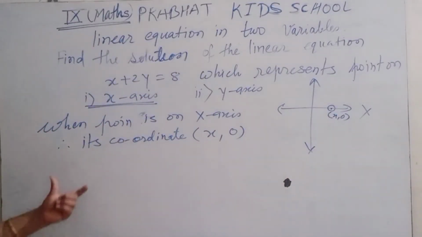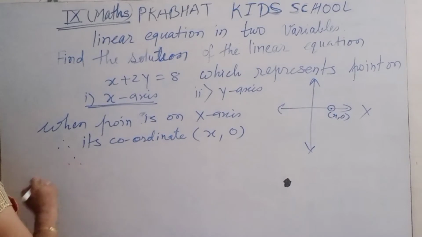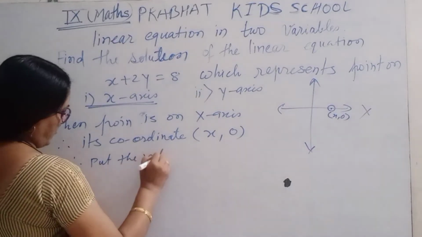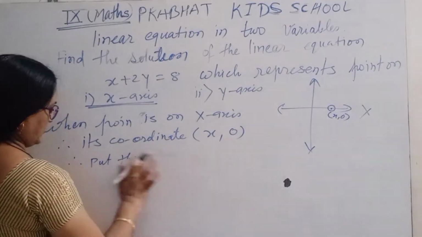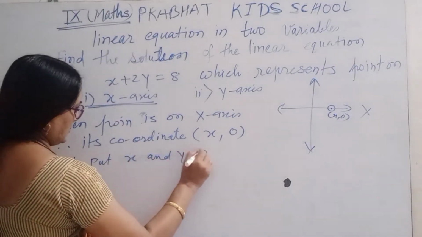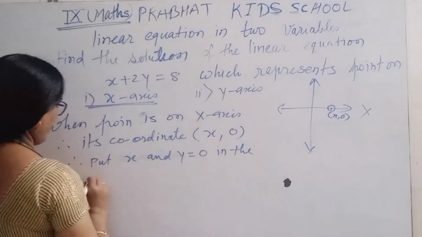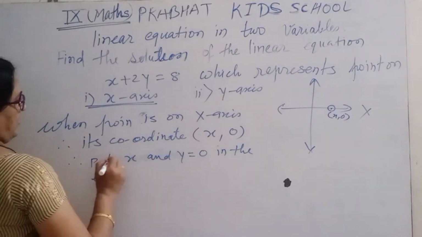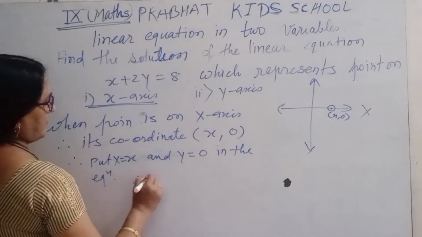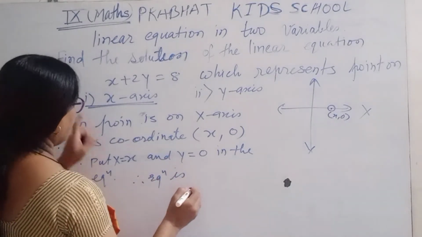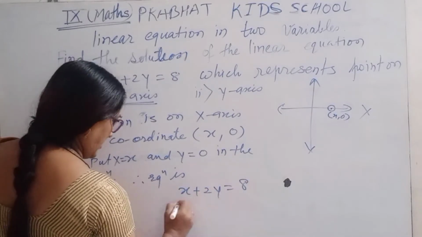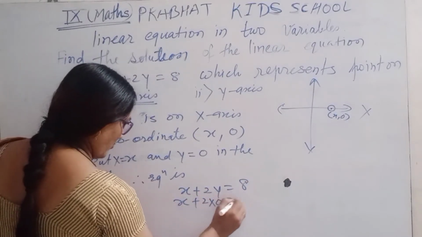Is it clear? Understood? Therefore, put x and y equal to 0 in the equation. Therefore equation is x plus 2y is equal to 8. x plus 2 multiplied by 0 is 8.